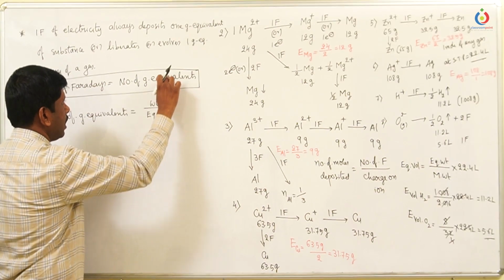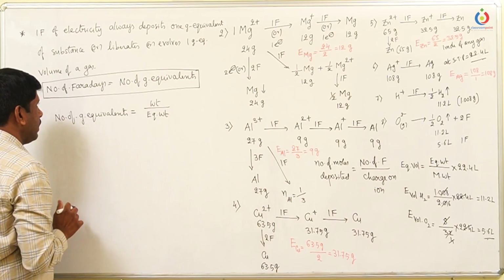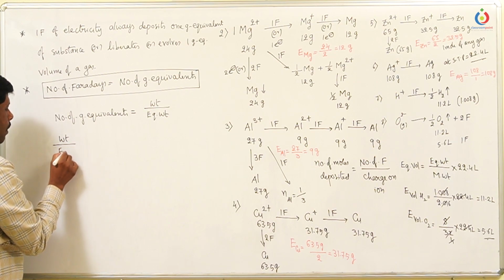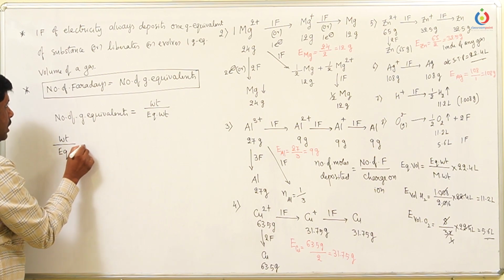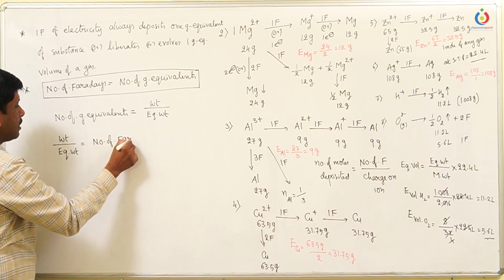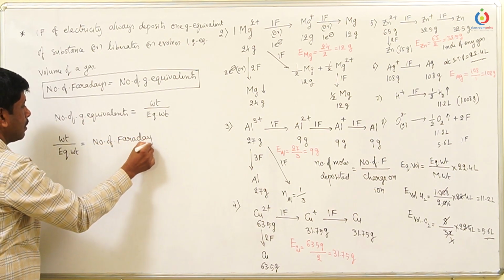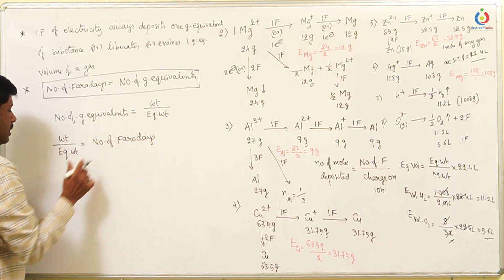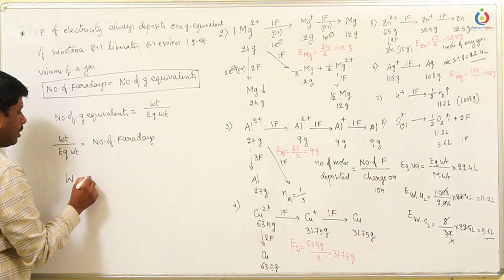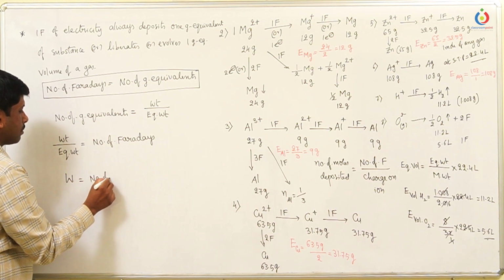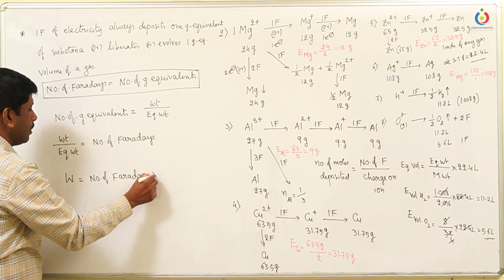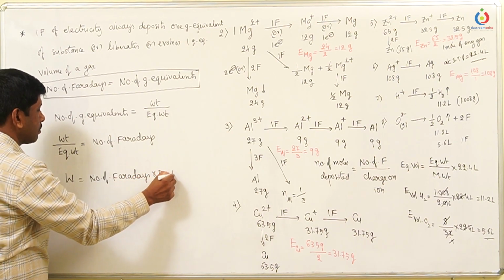Now substitute this value here, so we can write that weight by equivalent weight is equal to number of Faradays. Now send the equivalent mass to the other side, so mass of the substance, weight, is equal to number of Faradays into equivalent mass.